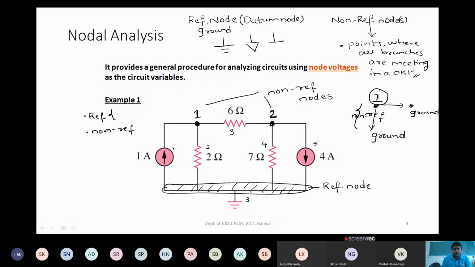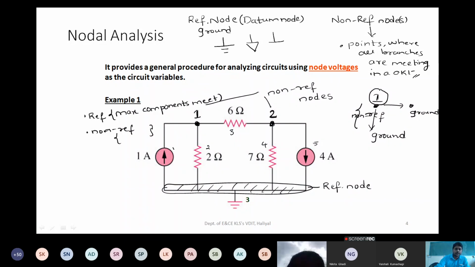And the reference node is the point where the maximum components meet. Then the other points are where other branches, or the same components, meet. This is how you have to consider it.